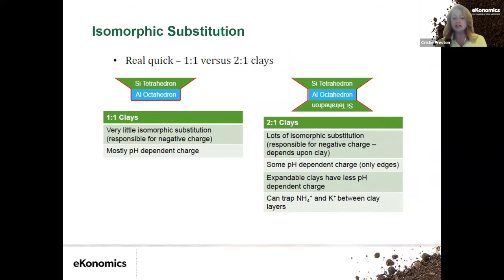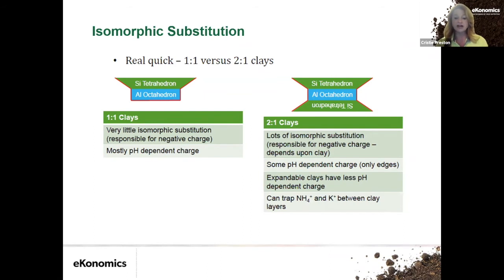Some 2-to-1 clays can expand, and we'll actually go into research that has been published recently on how these expanding clays can expand whenever they're wet and trap nutrients like potassium in them. And that leads to the potassium not being plant available until those soils are re-wetted after they've dried and collapsed.